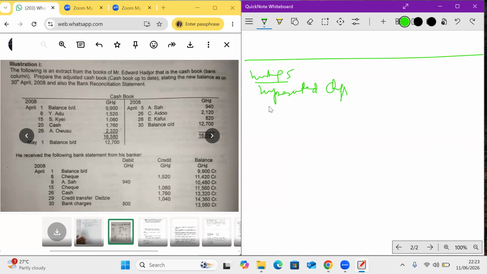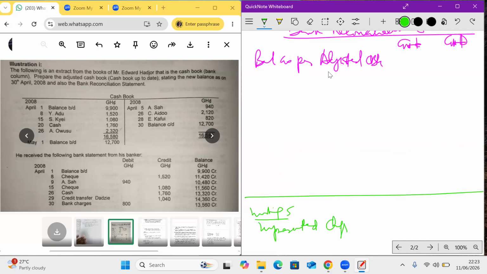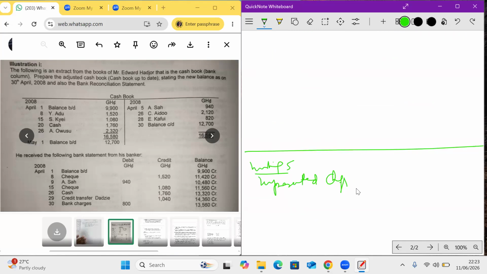Because I don't know the number of checks, under the balance per adjusted cash book, I write add unpresented checks. I'll just create a workings for it. And I'll be writing the individual check numbers or check amounts here. Then I'll leave a space. So let me say unpresented checks. And the unpresented checks, what else do we have? Wrong what?